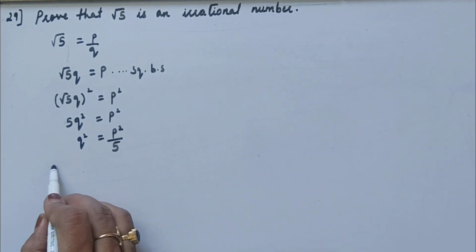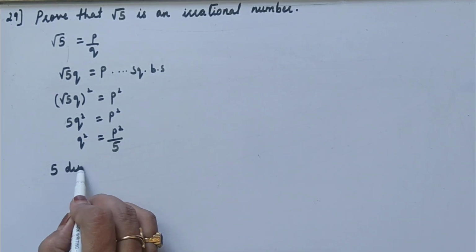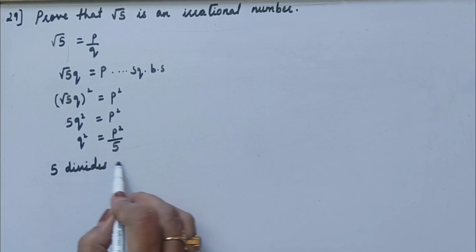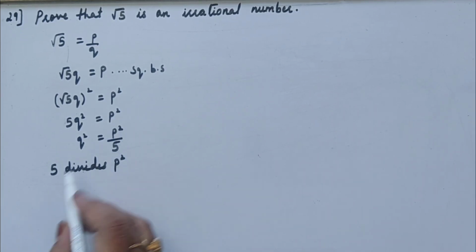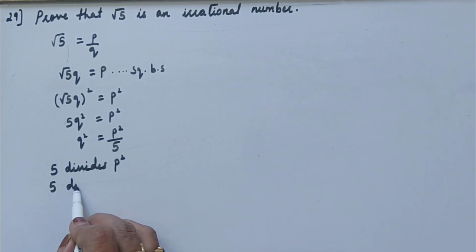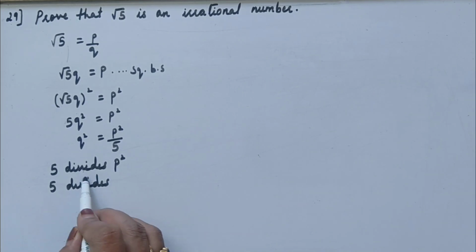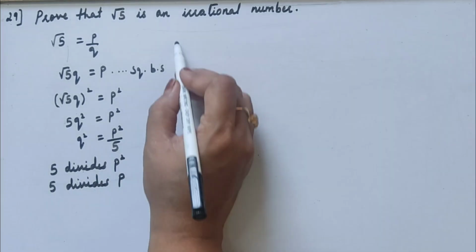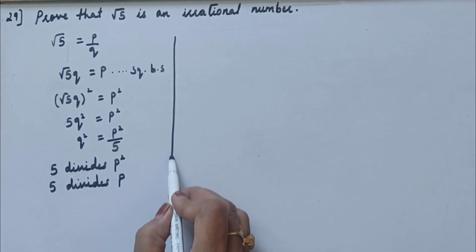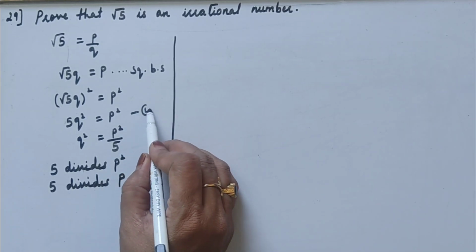So now I write 5 divides P square. Even 5 also divides P. Now let me write this as equation 1.